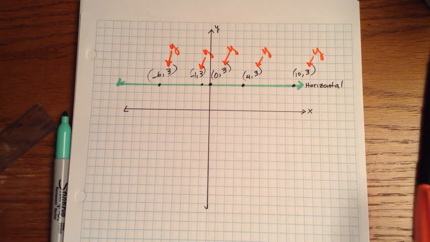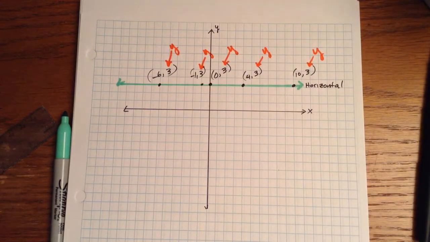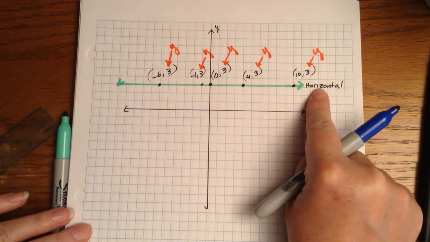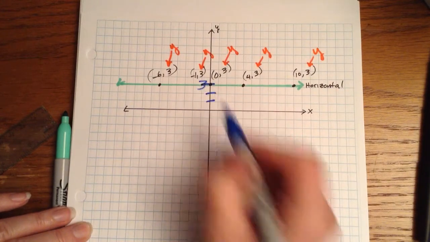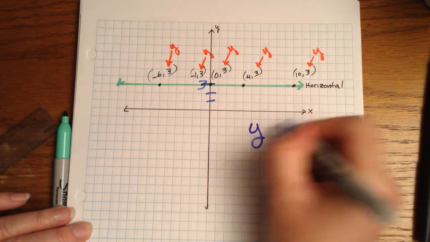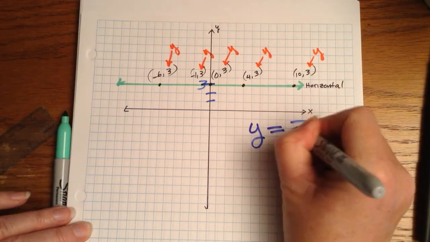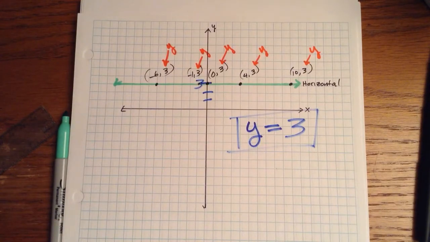The y's equal 3. The equation of a horizontal line that is at a height of 3, the equation is y equals 3. That is the equation of this horizontal line.